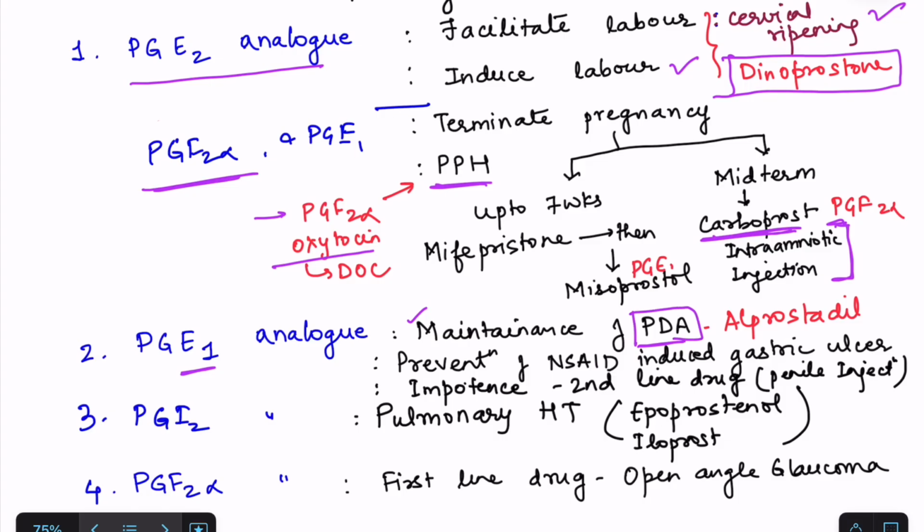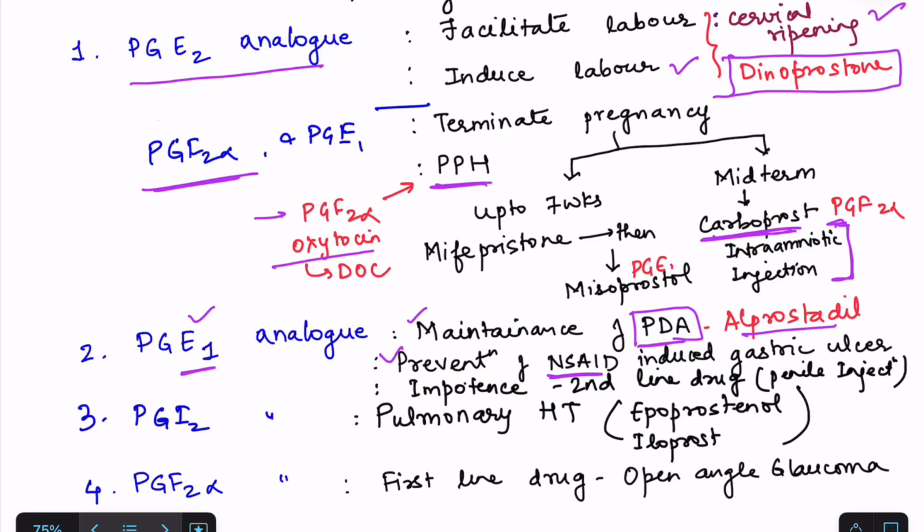Okay, just after the birth, actually ductus arteriosus should close, but in certain heart conditions, it is important that this patency of ductus arteriosus is maintained. Okay, so for that PGE1 analogues are used. Analog name is alprostadil. Okay, second is prevention of NSAID induced gastric ulcer.